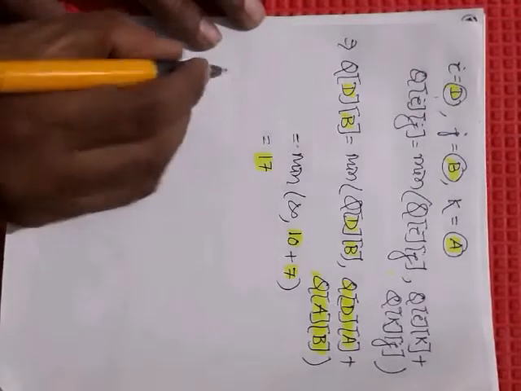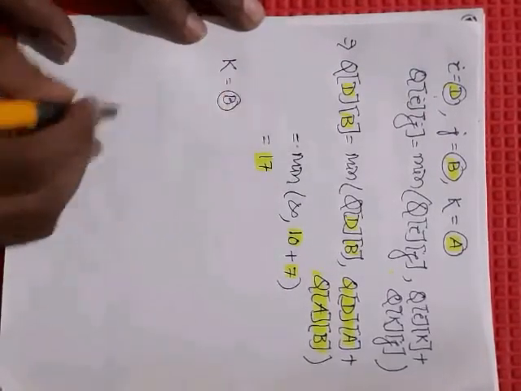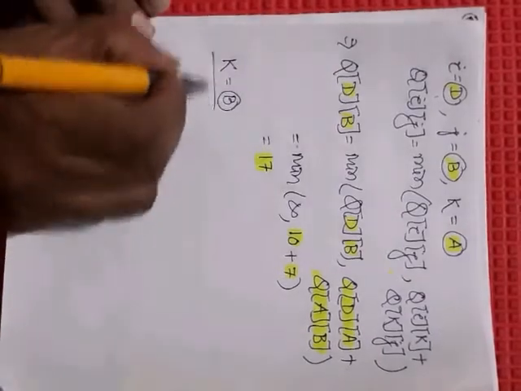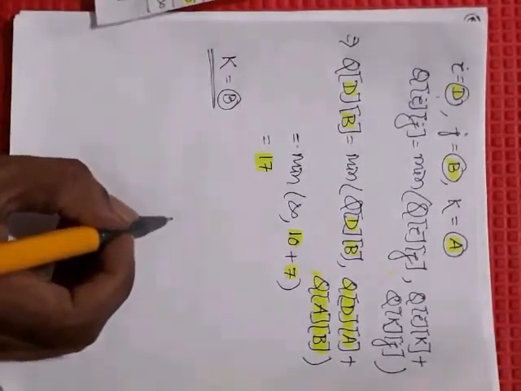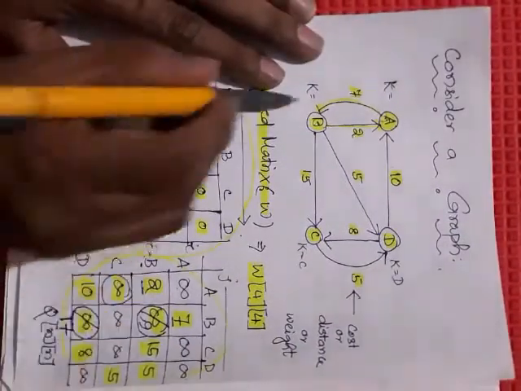Now similarly, when k equals the intermediate vertex b, we are finding the shortest distance between every pair of vertices in the graph. Let us again verify this example when k equals node b.